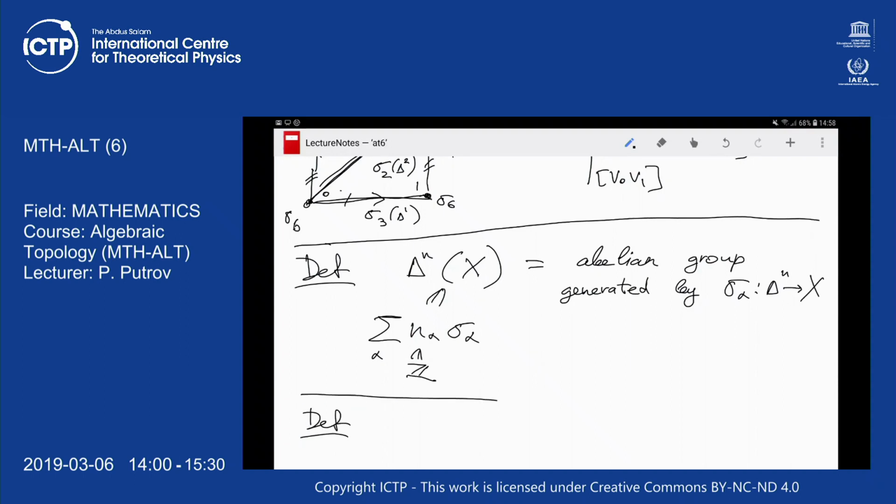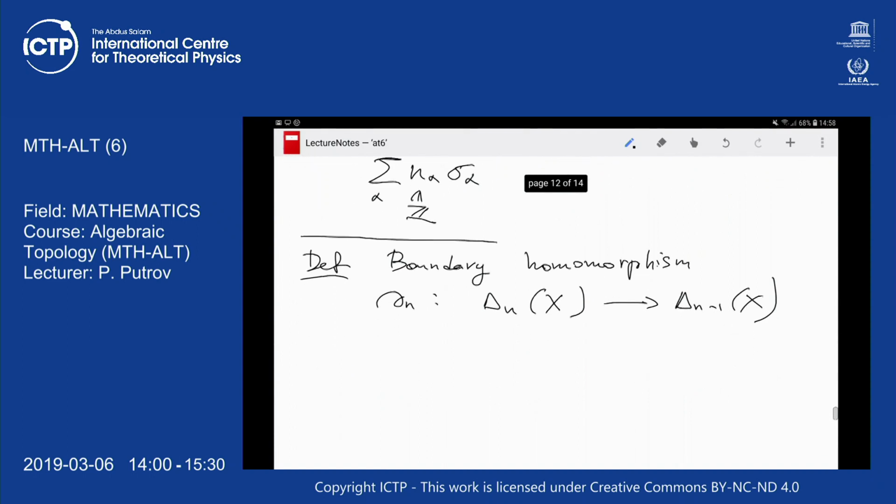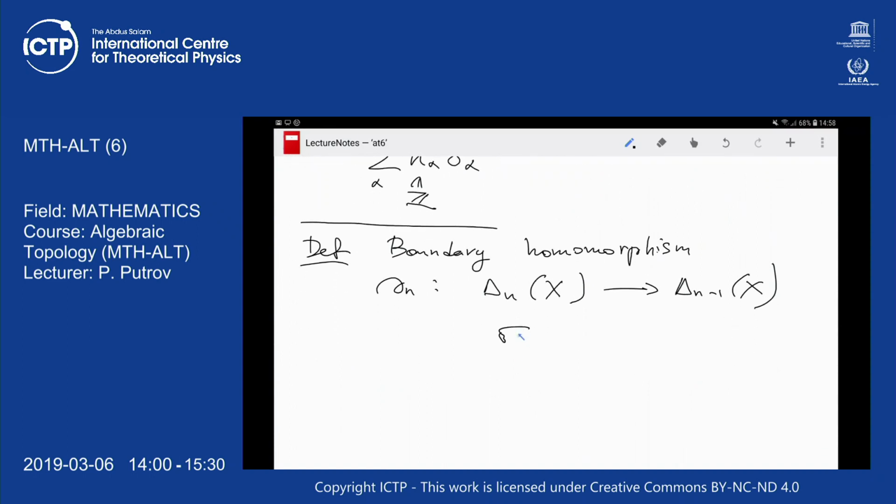And then, once we define this, we can define what is called the boundary homomorphism. It's denoted by delta index n. This will be a homomorphism from the abelian group delta n of X to the abelian group delta n minus 1 of X. Explicitly, we define its action on sigma alpha.